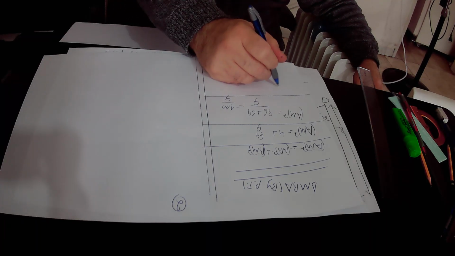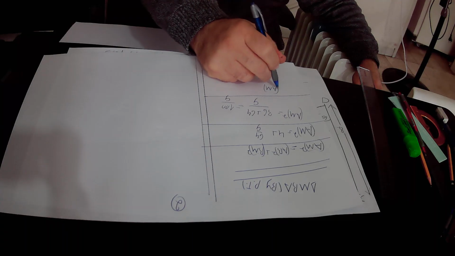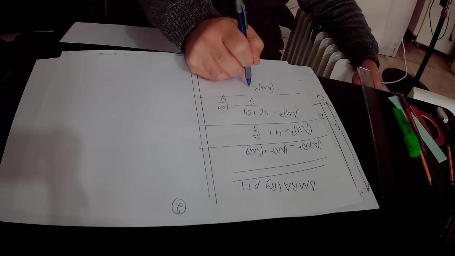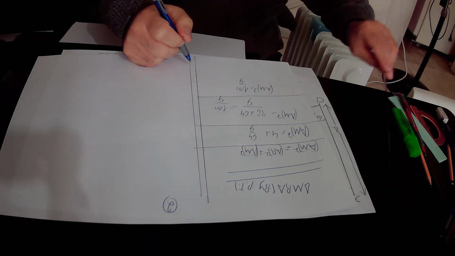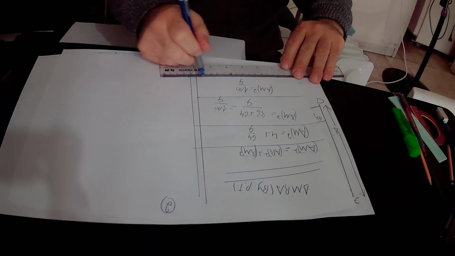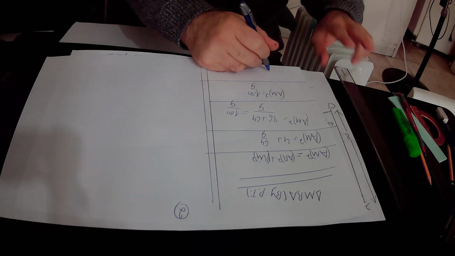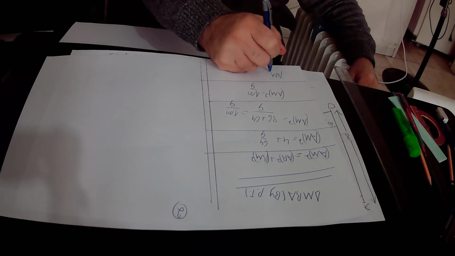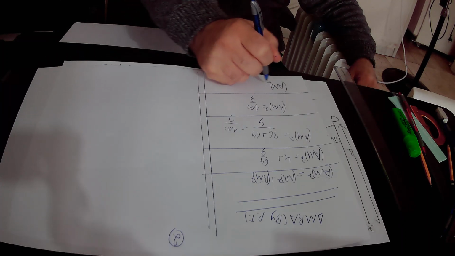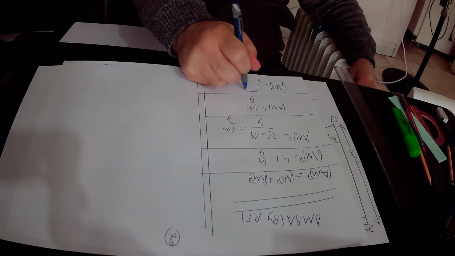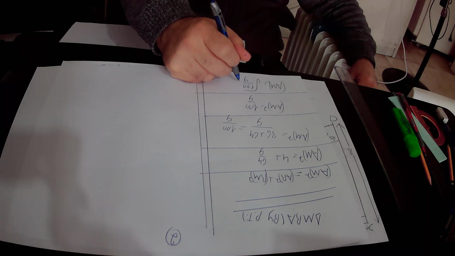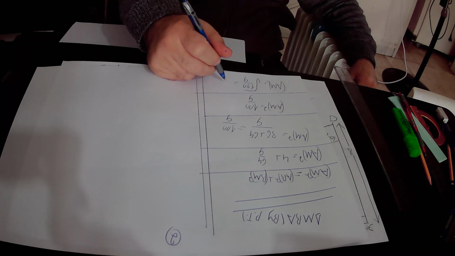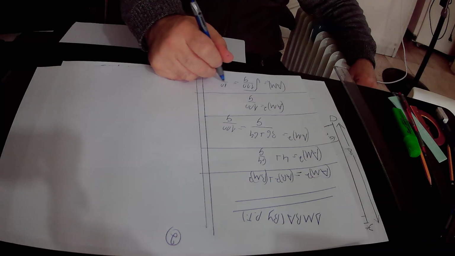So AM squared equals 100 over 9. Here we will take a root of this equation. And finally, we will get that AM equals the square root of 100 over 9. The square root of 100 is 10 and the square root of 9 is 3.